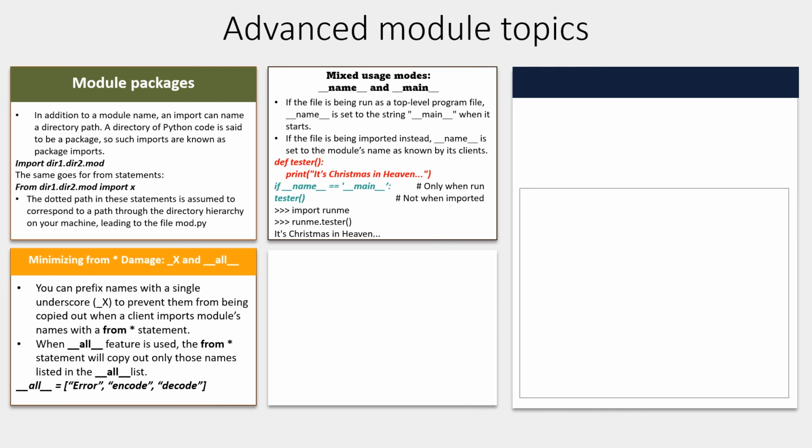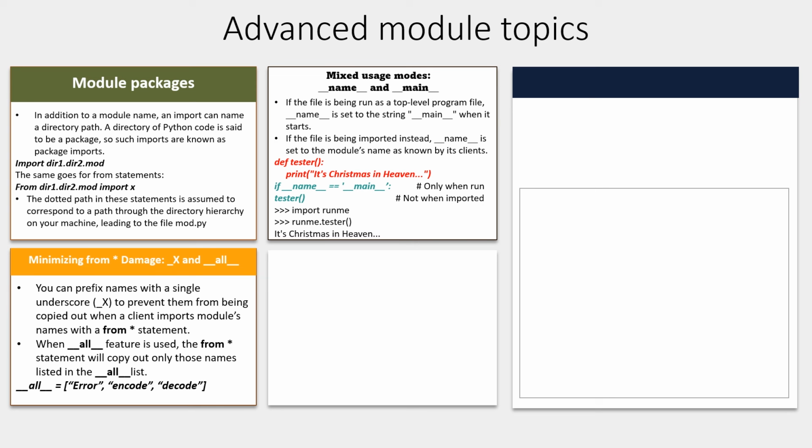If the file is being run as a top level program file, double underscore name double underscore is set to the string double underscore main double underscore when it starts. If the file is being imported, instead double underscore name double underscore is set to the module's name as known by its client.